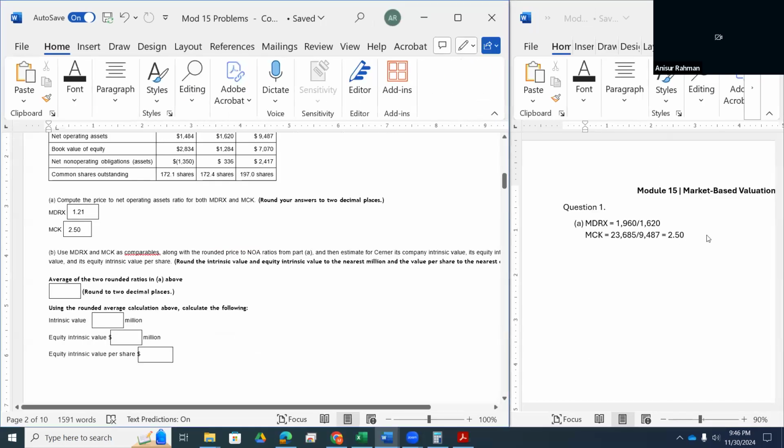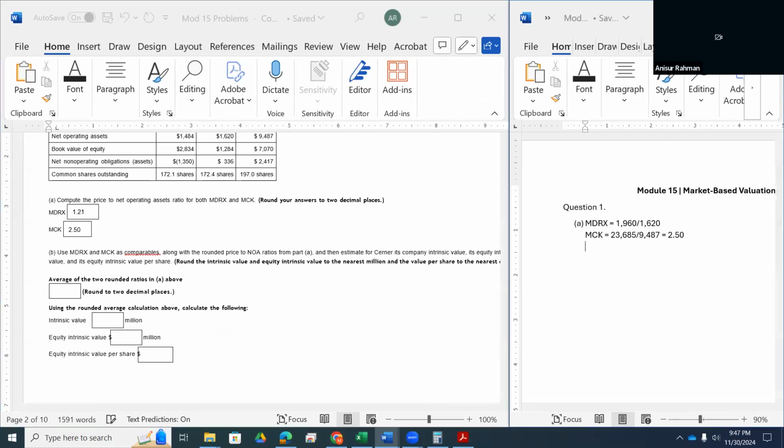So first, average will be 1.21 plus 2.50 divided by 2.